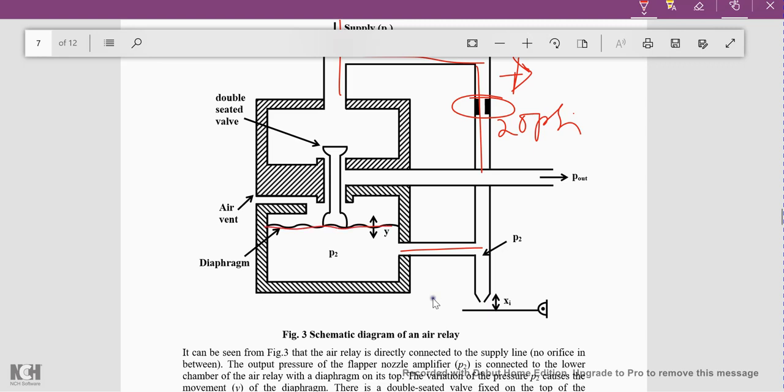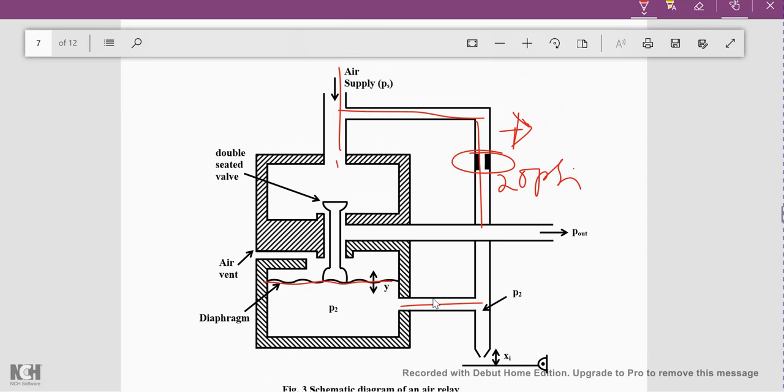As well as the air is coming inside from this, the output will be available only from this particular point here.